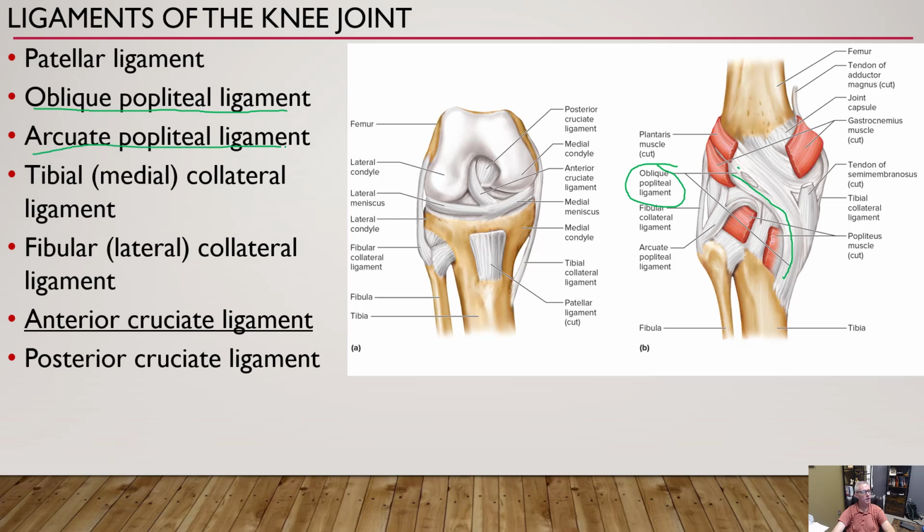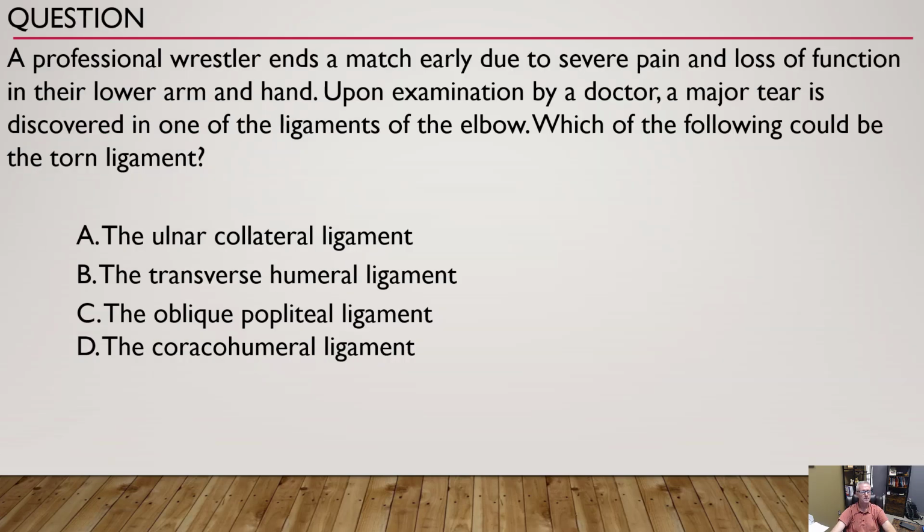The arcuate popliteal ligament, the tibial collateral ligament, sometimes abbreviated as the MCL, your fibular lateral ligament, LCL, your ACL is your anterior cruciate ligament, your PCL, posterior cruciate ligament. A lot of sports injuries happen with the ACL, the MCL, and the LCL if you tear one of those.